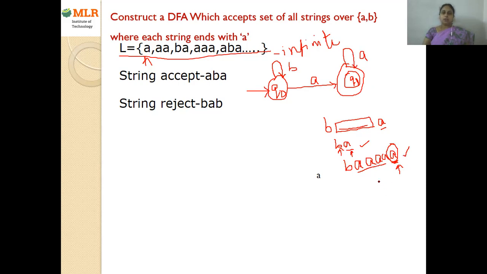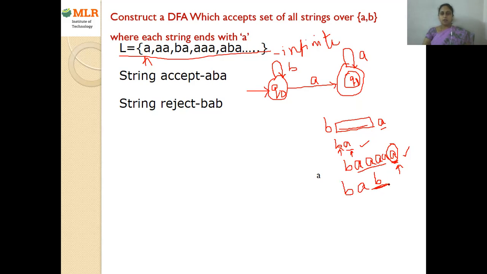Next, coming to the next input symbol, Q1 on b. Where do I need to represent this state? Suppose I find b at the starting and by seeing a, I have reached the final state. After this, if I get b, will the string be accepted?